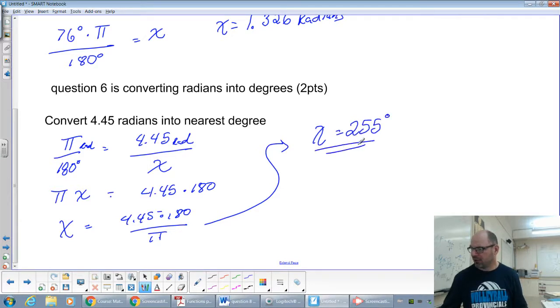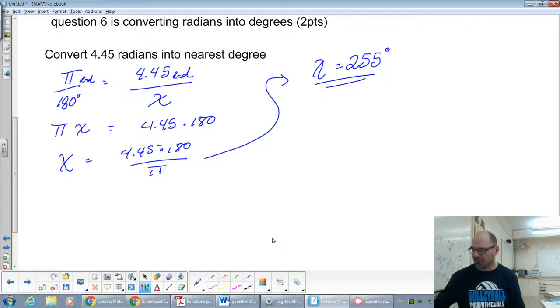Okay, notice I did not have any arc length formula or anything like that. I just stuck with the basics for that one. Okay, so the basics of converting back and forth into degrees there. Maybe I should move that up in case I'm in the way.